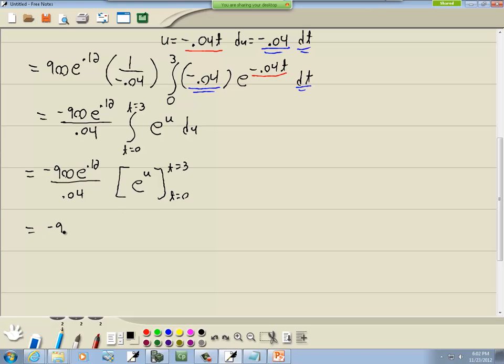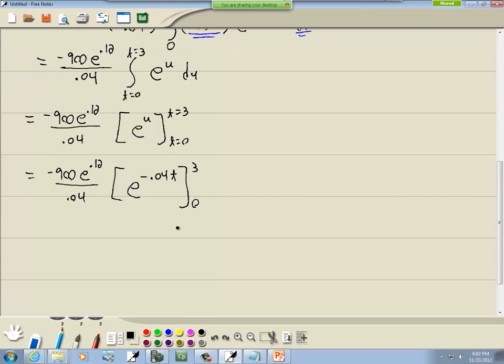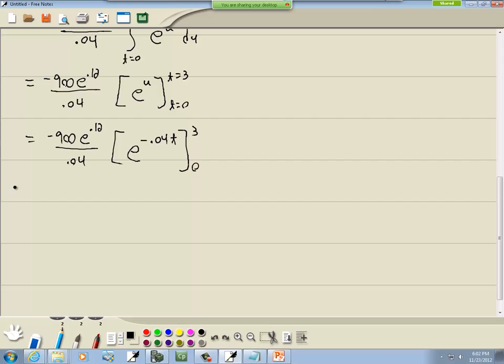Now let's plug our u back in. Up here we said u is negative 0.04 t. So negative 0.04 t, 0 to 3. That gives us negative 900 e to the 0.12 divided by 0.04.